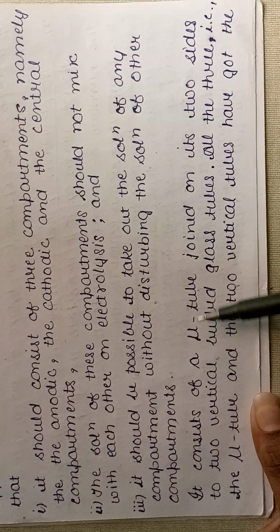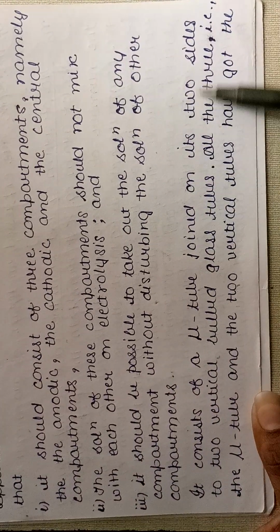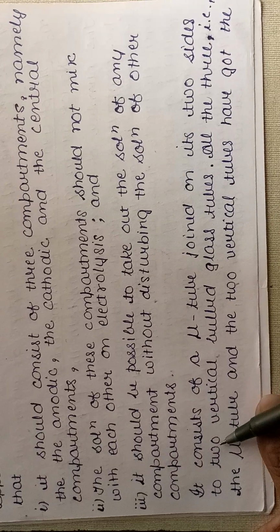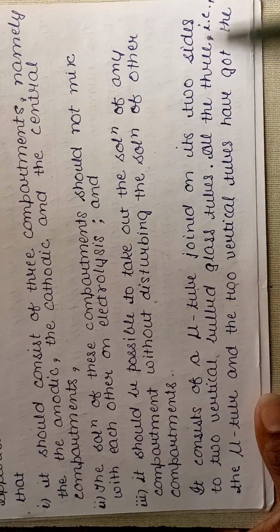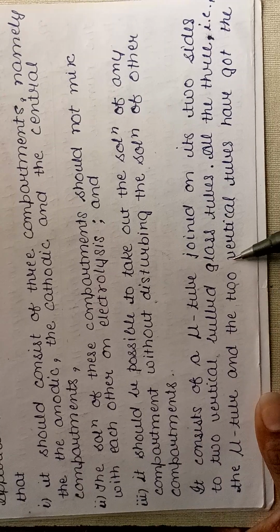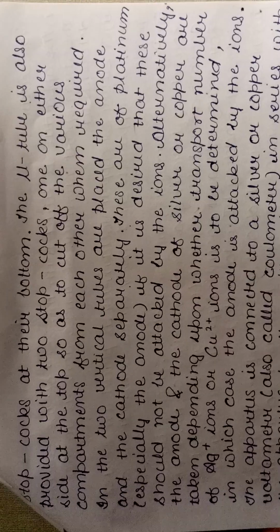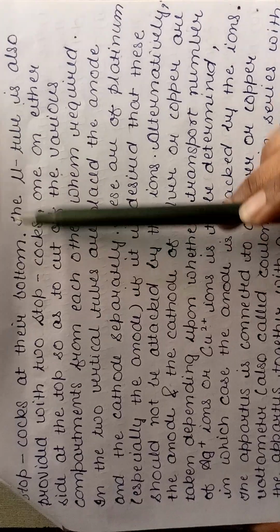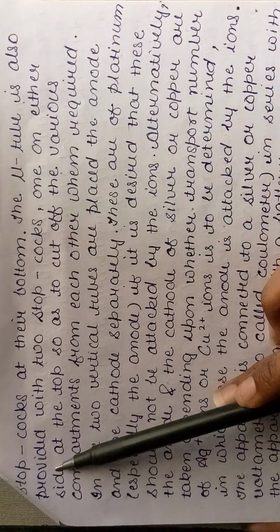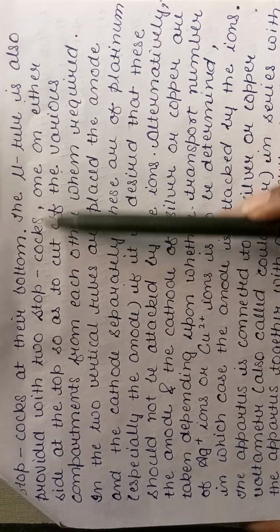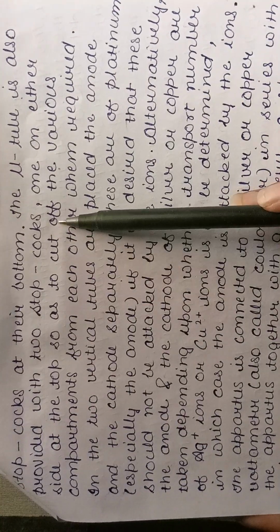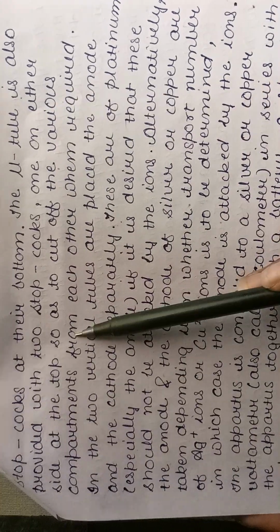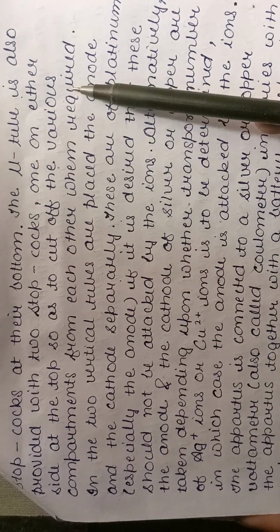It consists of a U-tube joined on its two sides to two vertical tubes. All the three, the U-tube and the two vertical tubes, have stopcocks at their bottom. The U-tube is also provided with two stopcocks, one on either side at the top, so as to cut off the various compartments from each other when required.